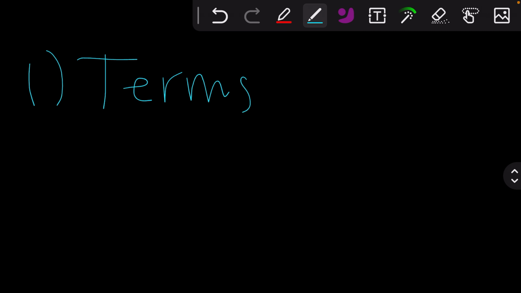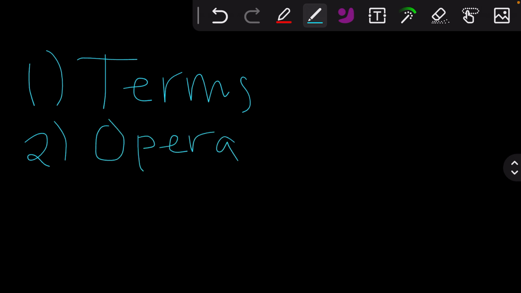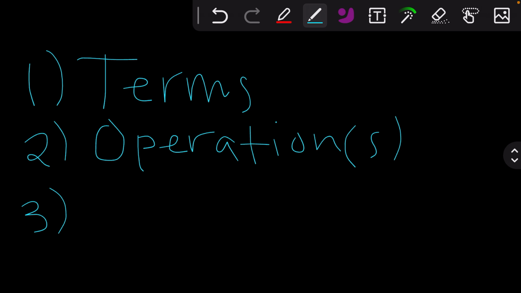The first is terms. Every equation has terms. And we'll get into that briefly. The second thing is every equation has operations. And thirdly, all equations have symbols that you're going to want to be familiar with.